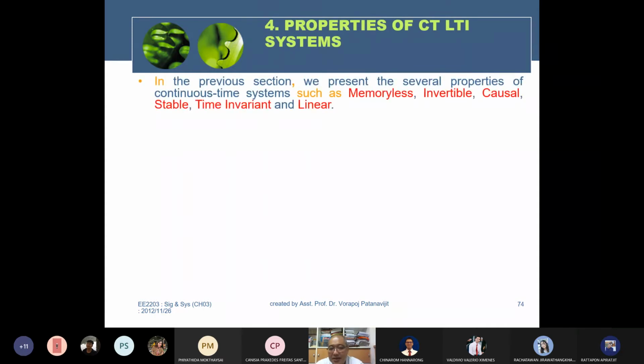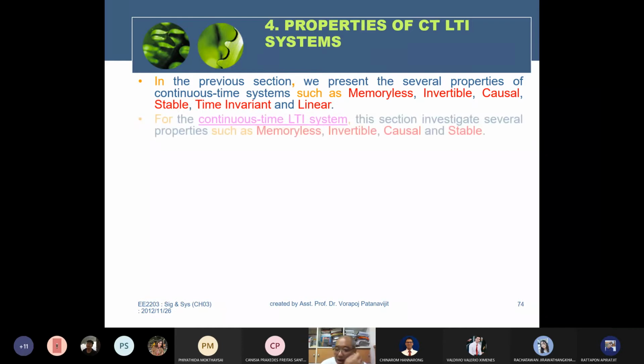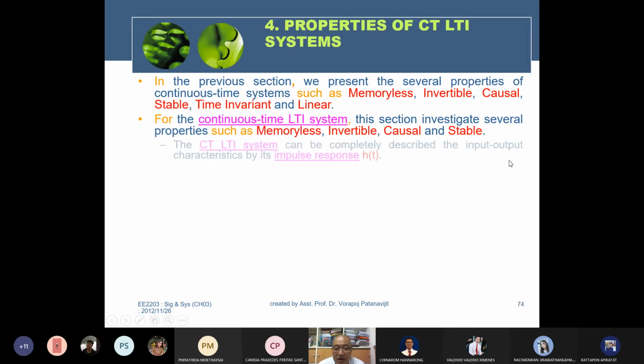In the previous section, we presented several properties of continuous-time systems, such as memoryless, invertible, causal, stable, time-invariant, and linear. But if the system is already linear and time-invariant, this section investigates the other 4 properties: memory, invertible, causal, and stable.